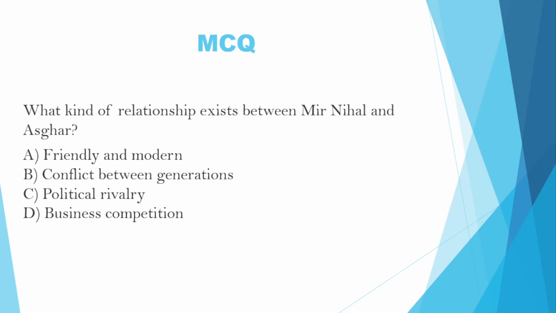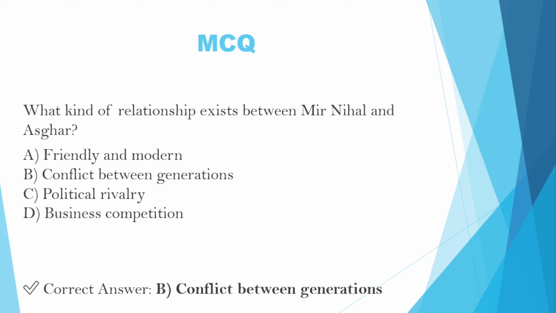Next question is, what kind of relationship exists between Mir Nihal and Asghar? Option A friendly and modern, option B conflict between generations, option C political rivalry, option D business competition. The correct answer is B, conflict between generations.